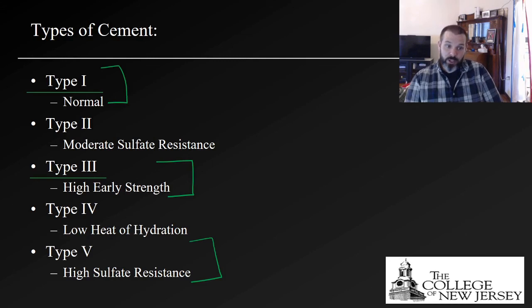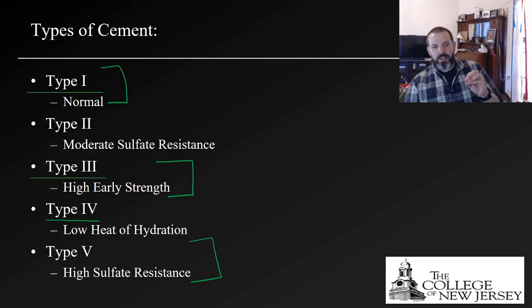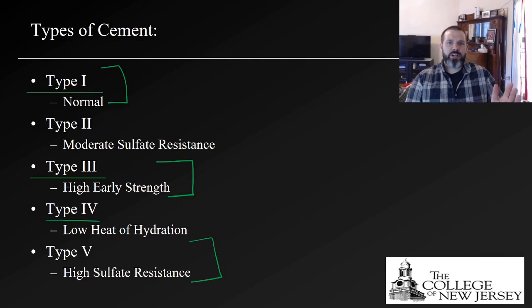Type 4 concrete is very interesting. This is low heat of hydration cement. So low heat of hydration, well, first off, the hydration reaction is an exothermic reaction, which is really interesting. So when concrete cures, it actually gives off heat. Now, the concrete curing process can generally only happen over a certain range of temperature, being if it's too cold, you won't get hydration.